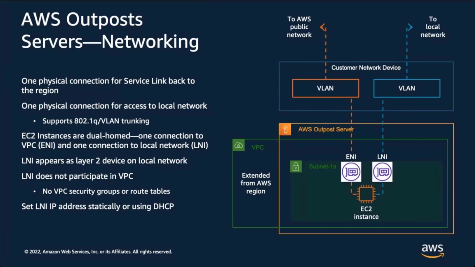You'd have one VLAN for the traffic going to the region to maintain that connectivity, and then another VLAN for things going over your local network. You can have multiple VLANs coming into the Outpost server if you want to. It's really up to you how you do it. But you can just have one single VLAN and leave it at that.